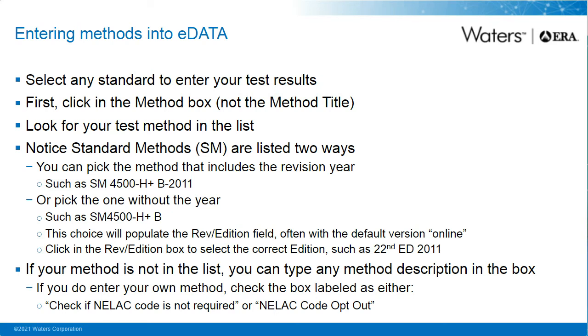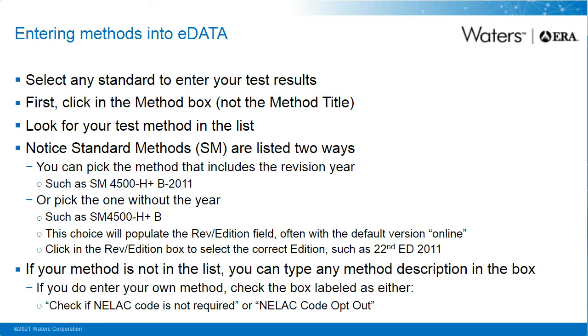Selecting this choice will then populate the Revision Edition field, or Rev Edition field. Click in that box to select your edition of standard methods, such as 22nd edition 2011. Selecting a method from our list will populate the NELAC code and tech key. If they don't populate, you do not have to worry about those.